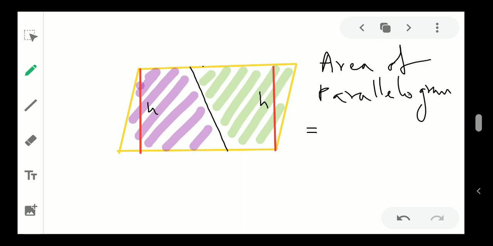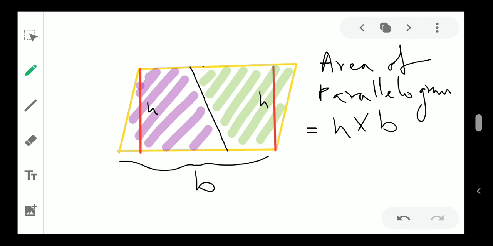So if this is H and the total base is B, the area is height into B.